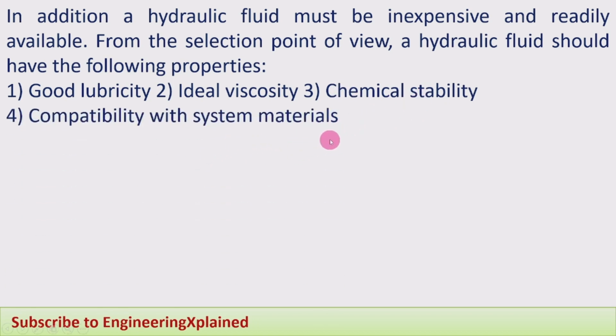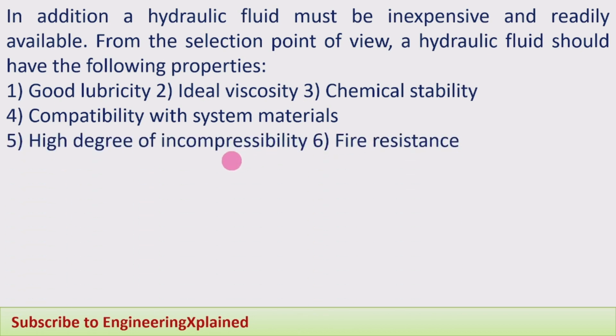Compatibility with the system materials: it should be compatible so that it does not cause any corrosion or damage to the materials. High degree of incompressibility: the fluid we are using should transfer the power after the application of pressure. It should not get compressed itself. That's why it should have a high degree of incompressibility.